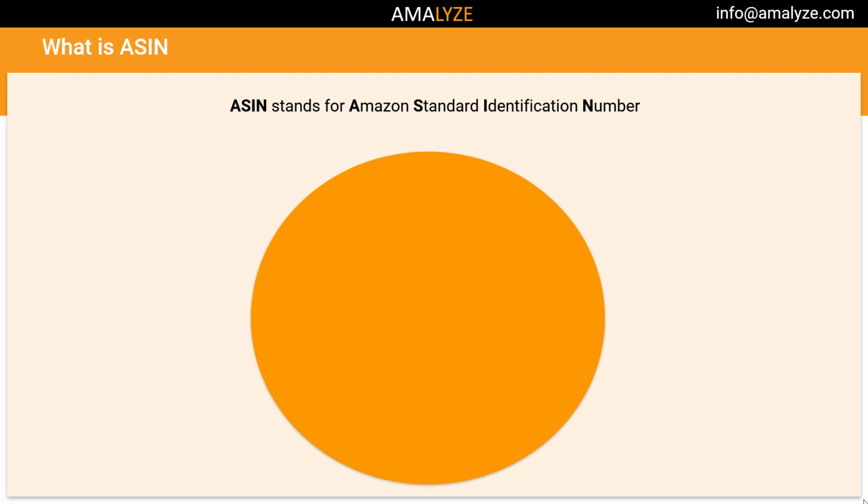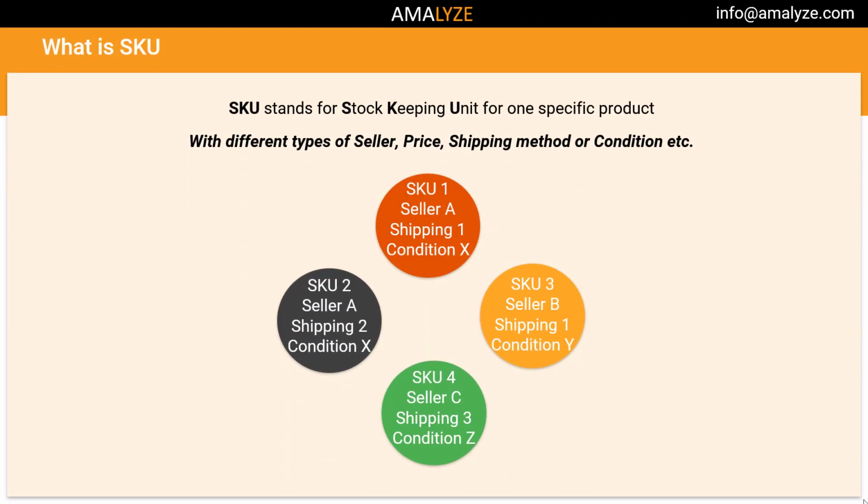And that container carries a lot of facts and relevance and performance metrics, and your SKU is just one part in that container. So if you're talking about the SKUs, the stock keeping units for specific products, we will find a lot of different styles and types of them. There can be different sellers.